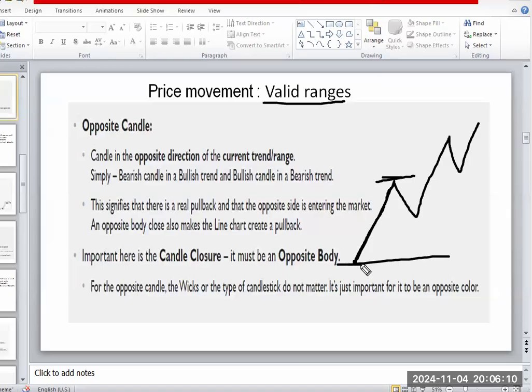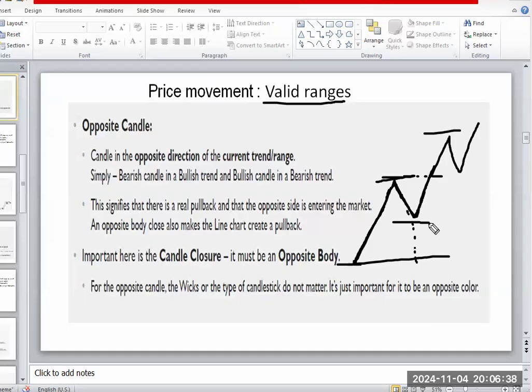And that implies that as long as price does not come and break this range here, we are still in an upward move, so uptrend. Now, once price comes down and then starts moving up, it forms another range. So this then becomes the next range. So we're looking for that valid range.